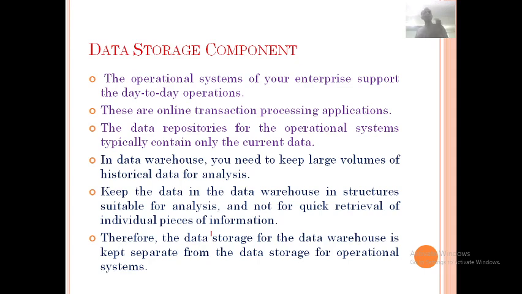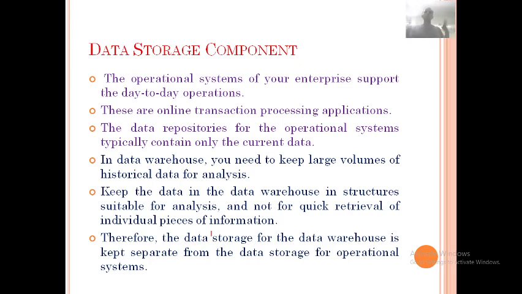How will that structure be? That structure is meant for analysis, not for quick extraction of a piece of information. If I only need information of the pen, no, you can't get it. If I only need information of a particular date, no. But in the operational database, what happens?